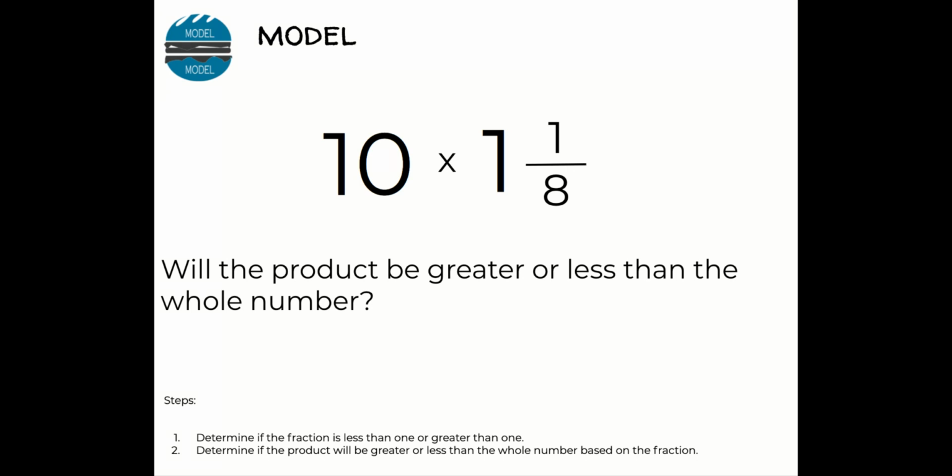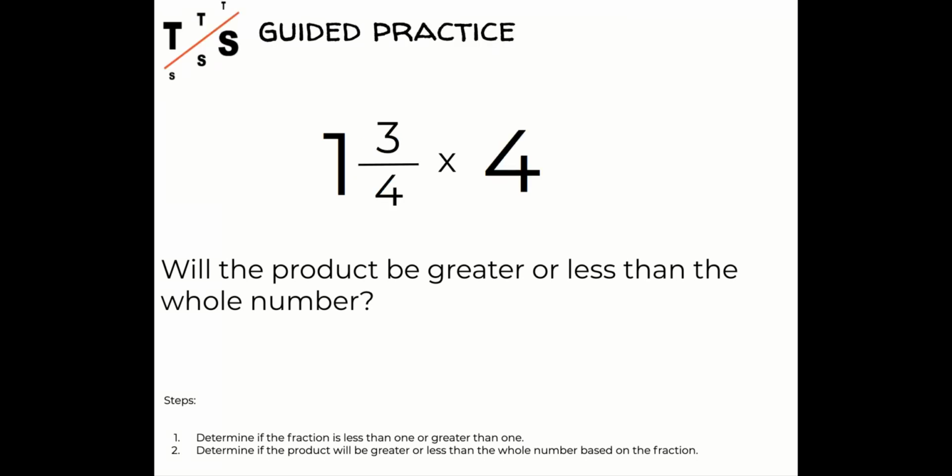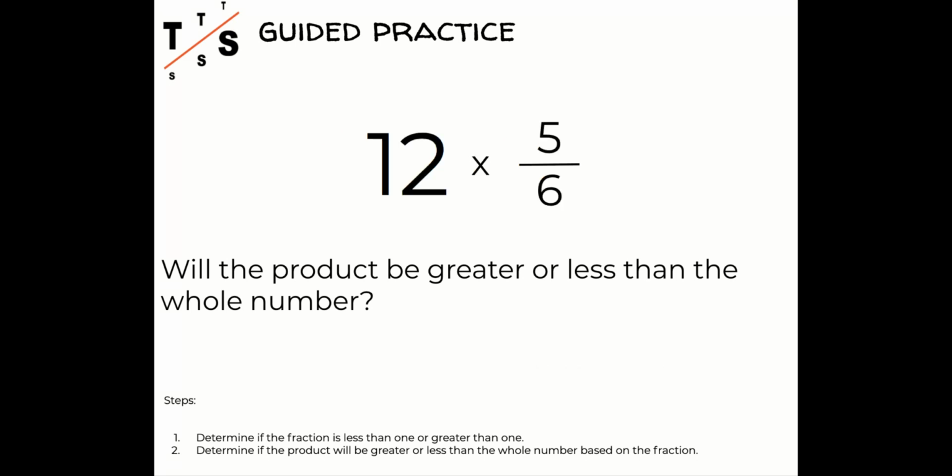Let's go ahead and go through some of these together. 1 3/4 times 4. If you want to pause and answer it on your own, you can go ahead and do that and then see if you got the right answer as we go through these, or you can follow along with me. The fraction is greater than 1, so I know that my product will also be greater. 12 times 5/6.